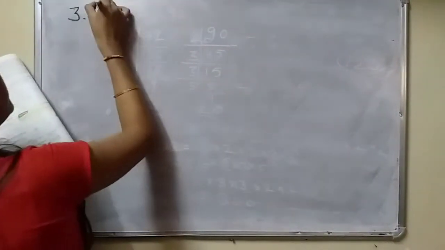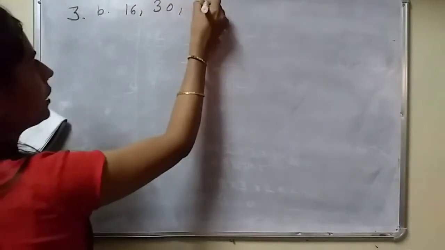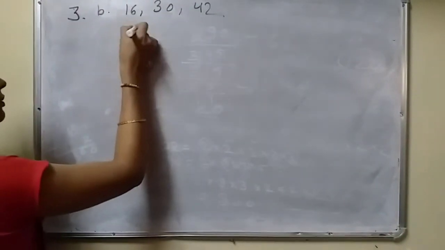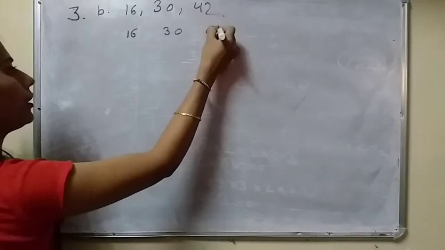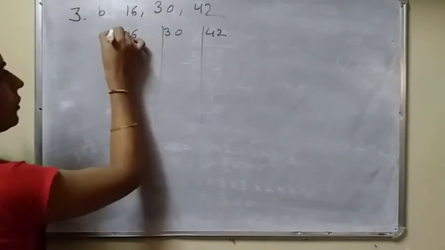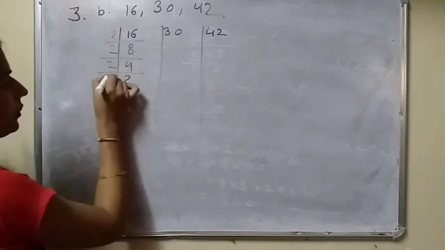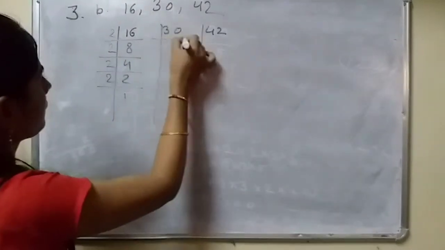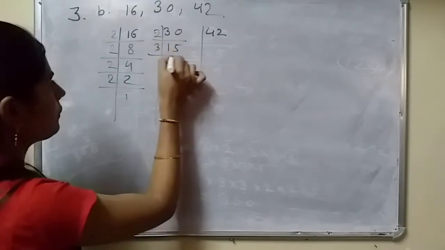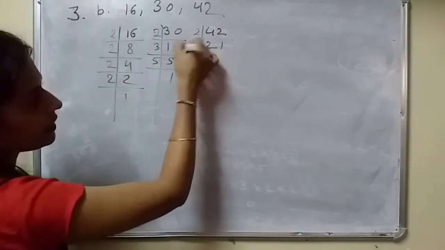See question number B, 16, 30 and 42. 16, 30 and 42. 2 eights are 16, 2 fours are 8, 2 twos are 4, 1. 15, 3 fives are 15, 1. 2 twos are 4, 2 ones are 2.